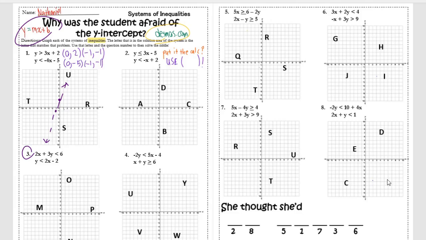It said the y values will be greater than 3x plus 2. So we want every y value that's greater than. See how it goes from 2 to 3, 4, 5. The y values get bigger.